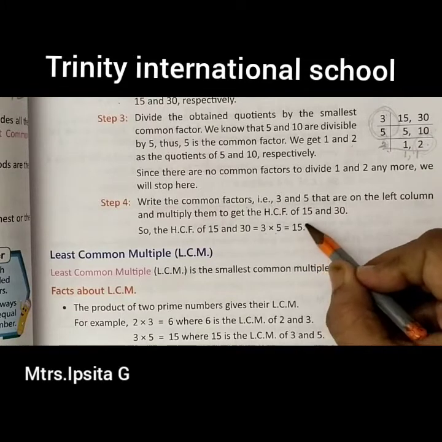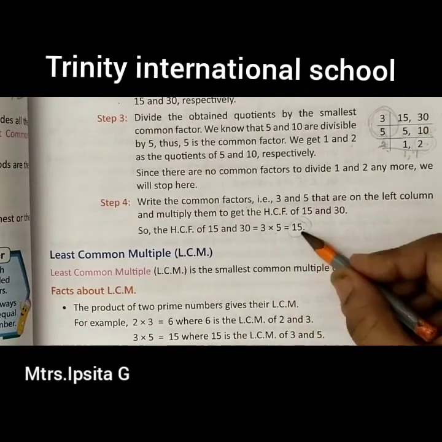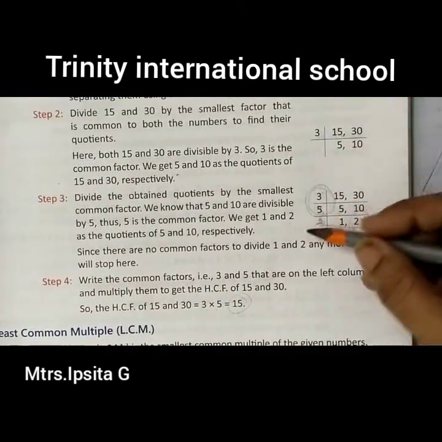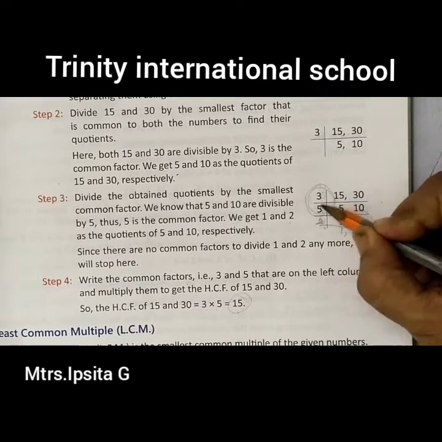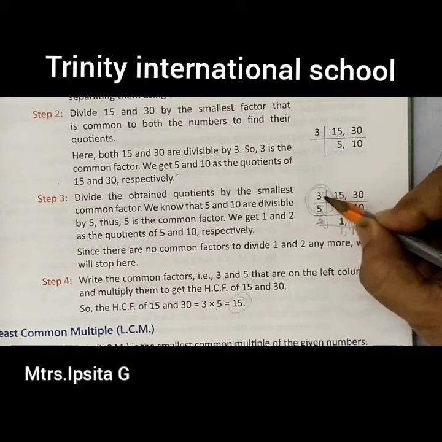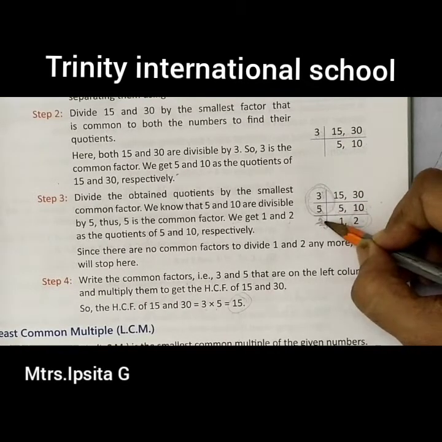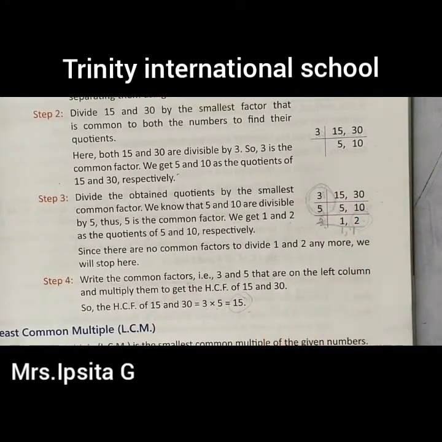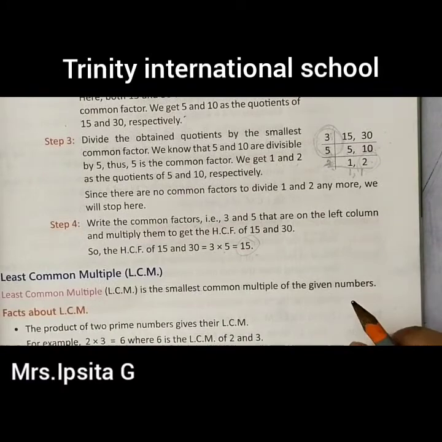So as you multiply you get 15. So 15 is the highest common factor. तो ये जो मेथड हमने किया है, इसमें यहाँ पे जो नंबर्स हैं उन्हें हमें मल्टीप्लाई करना है और जो भी प्रोडक्ट मिलता है, that will be your HCF.